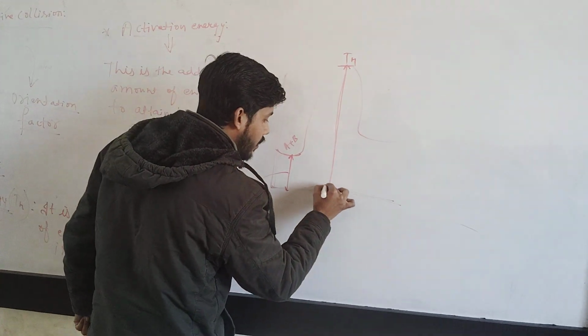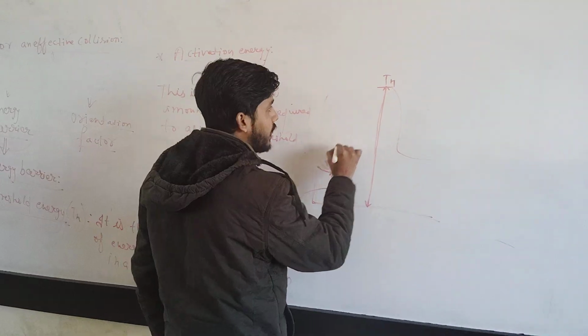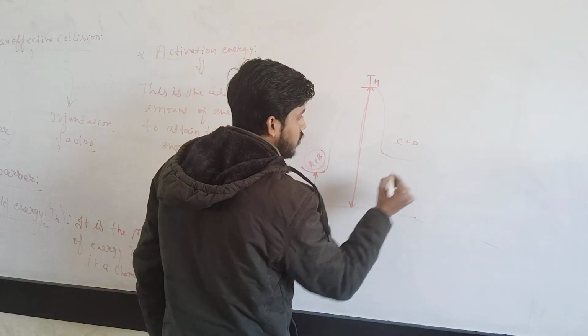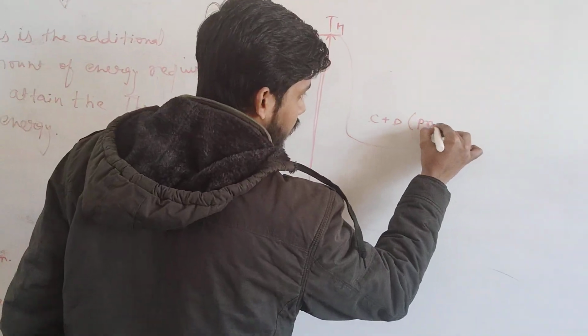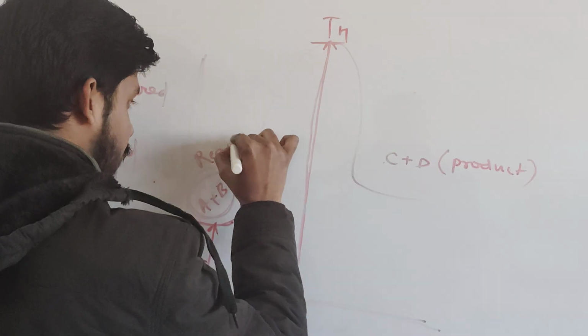This is the minimum amount of energy that is required for the reactants A and B to form the products, that is C and D. So this is the product and this is the reactant.